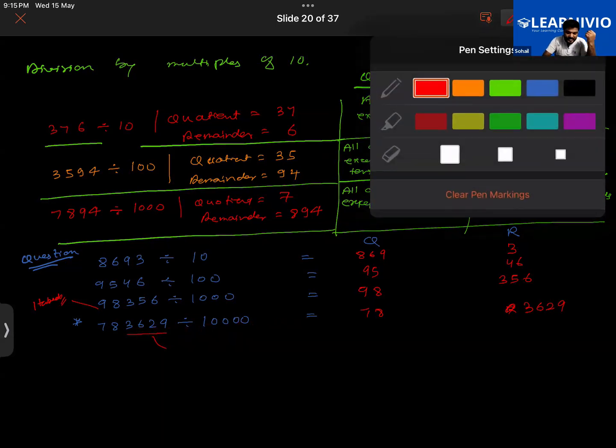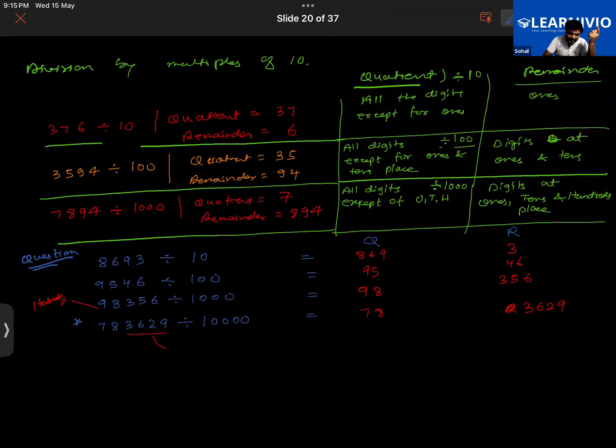Now, say for example, if you guys are getting it, then I can give you one more question. Let's say 1783629. Now I am dividing it with this number.